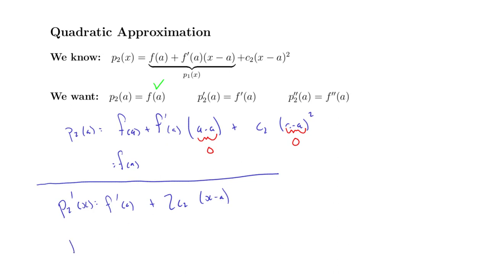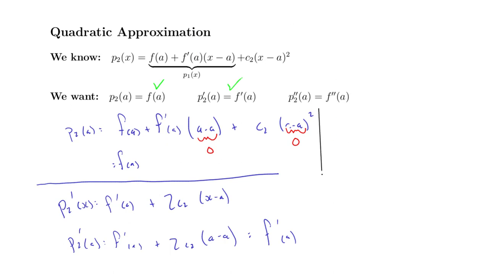And now we can evaluate this at a, and that's f prime of a plus 2c2 times a minus a. That goes to 0, so we just have f prime of a. So good. Our first derivative evaluated at the center is equal to the function's first derivative.